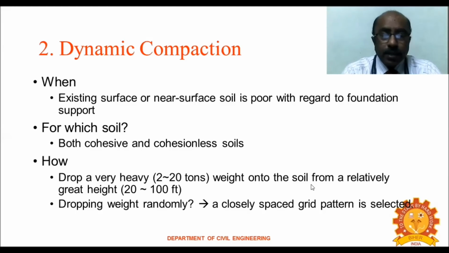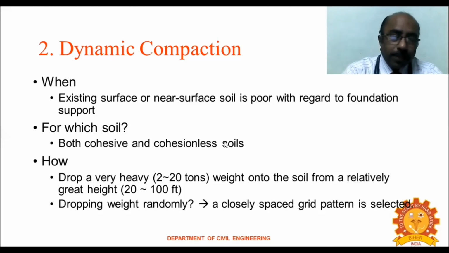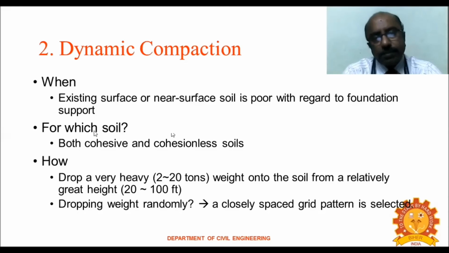Whereas when the soil below the surface, maybe 2 meters or 3 meters deep, has to be compacted, then we have to go for this kind of compaction. When the existing surface or near-surface soil is poor and cannot provide foundation support, then we have to go for dynamic compaction, which will do deeper compaction.